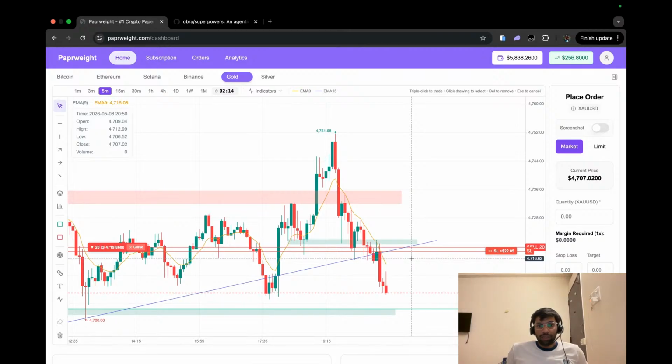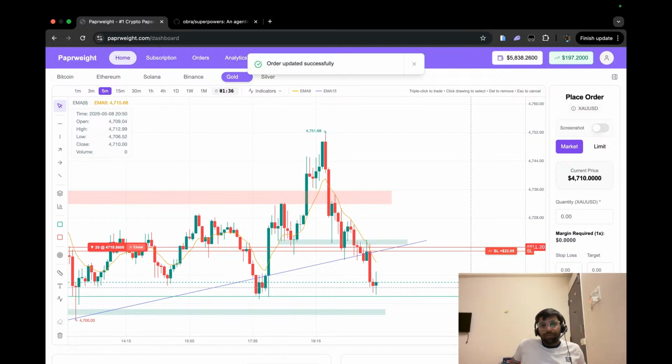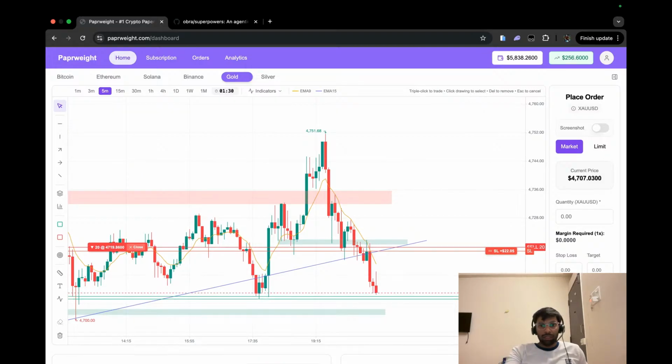Great. Approaching towards $300. That's nice. 2 more minutes to close this candle, and I think this is where the market is a little bit struggling. Okay, nice, nice, nice.